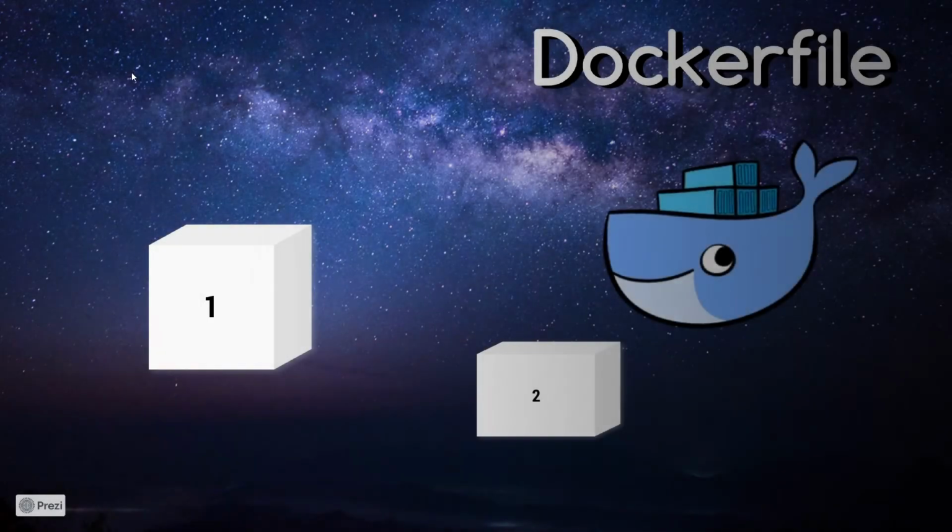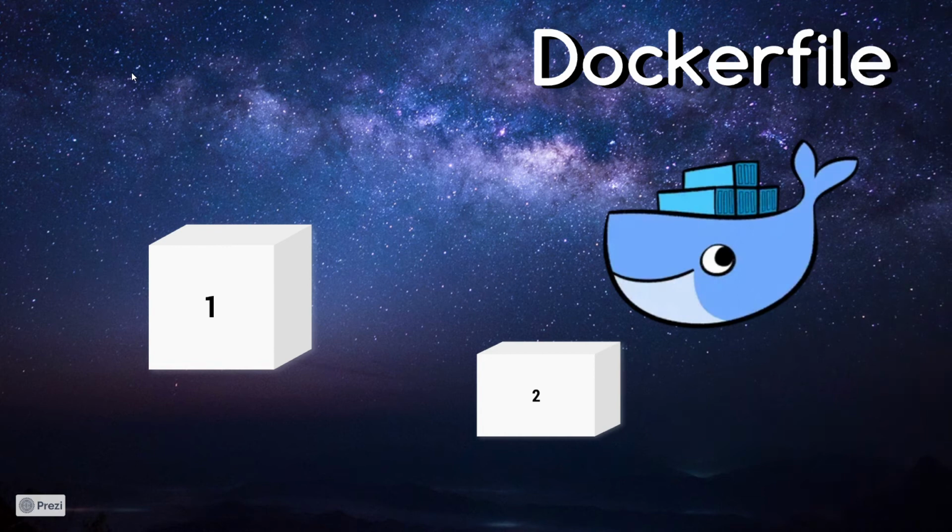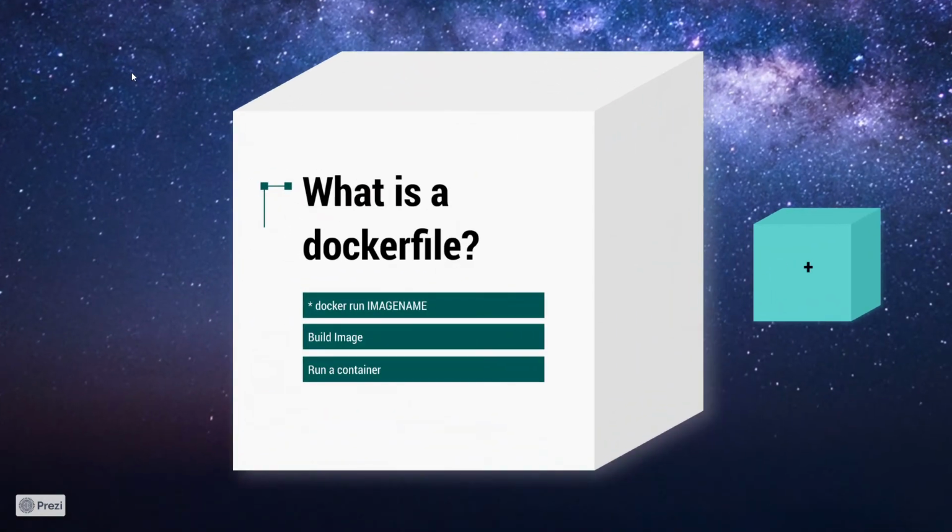So today we're gonna talk about Docker again, and we will see what is a Dockerfile and what is the structure of it. So first, what is a Dockerfile? When we need to build a Docker image, we have two options. The first one is find an existing image on Docker Hub and use it with the command docker run and the image name and the tag, like we see here.